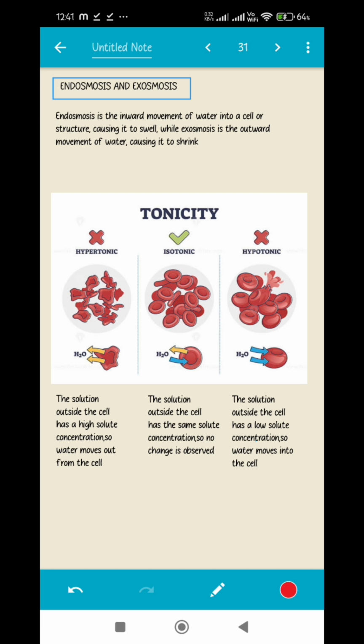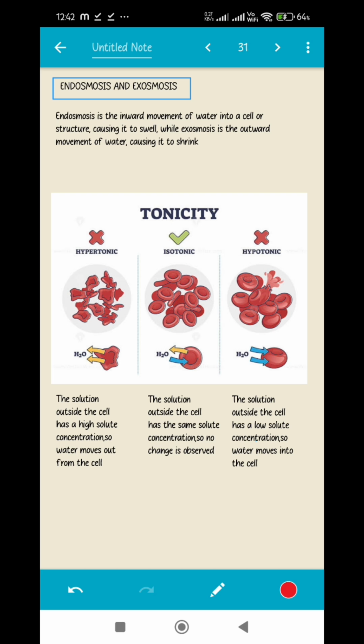That means the solution around the cell has low solute concentration compared to the cell. As a result of which, through osmosis, water will enter into the cell and the cell will swell up and eventually it will burst. So in both the cases of hypertonic and hypotonic solution, it is very problematic for the cell. It basically causes death of the cell.